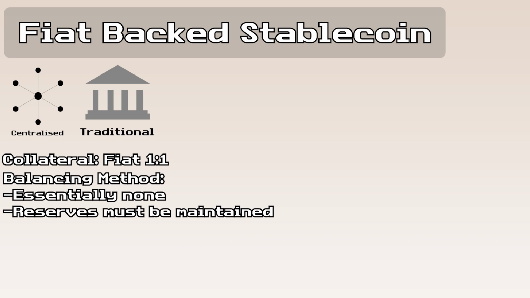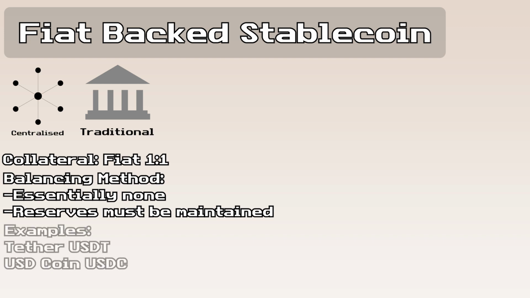Okay, the problem with this system is that trust is key. You could say it's a problem, it's a feature of this, but trust is very important. Some examples of that are US dollar Tether and US dollar C. US dollar C is provided by Coinbase.